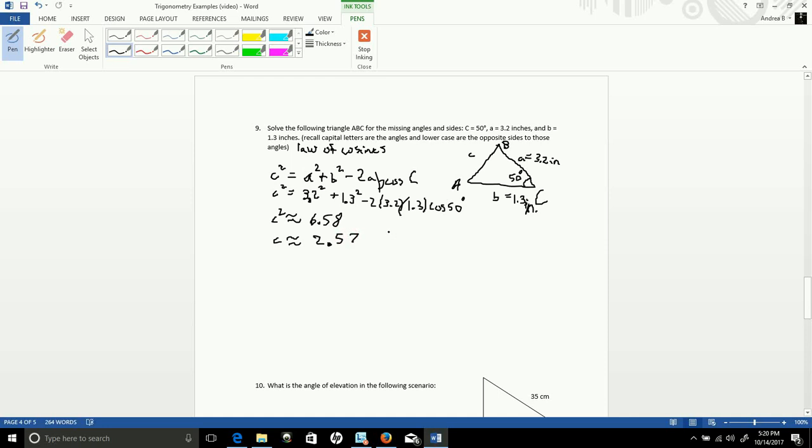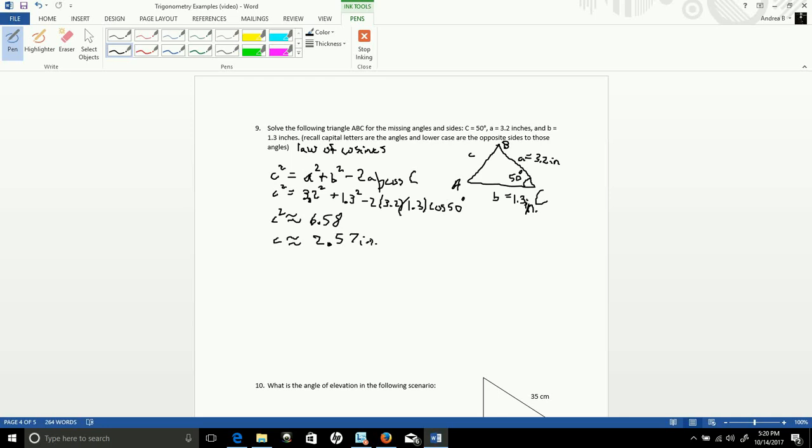And then remember that was one of our sides, so that would be in terms of inches. So just like before, make sure that you're labeling what your values are in terms of your units for your sides or degrees for your angles. So that would be one way to start.